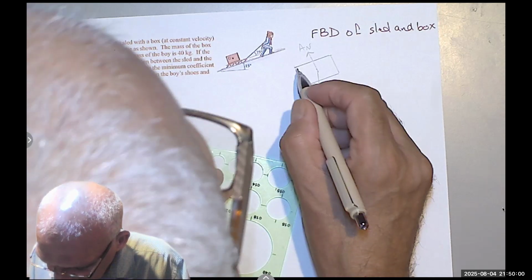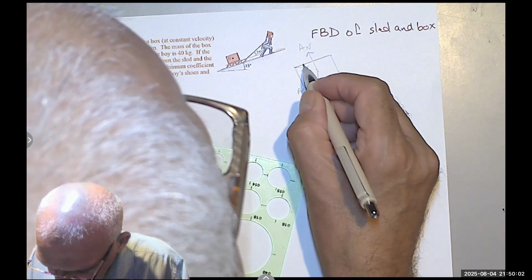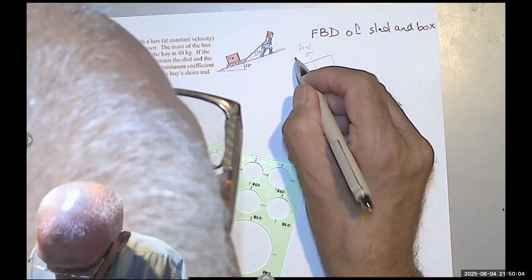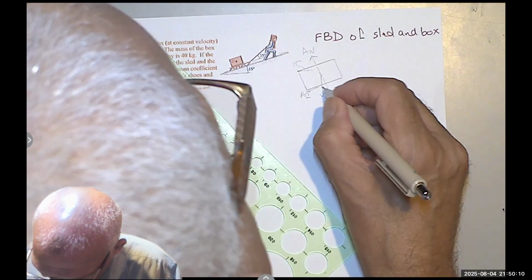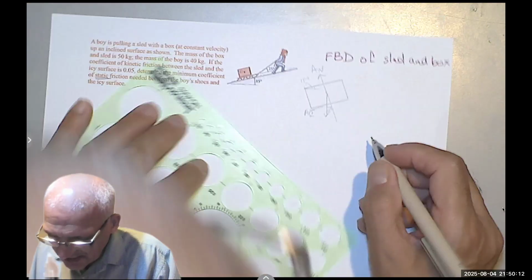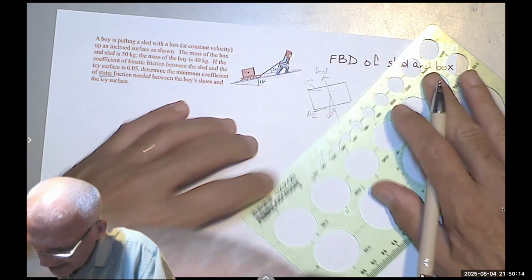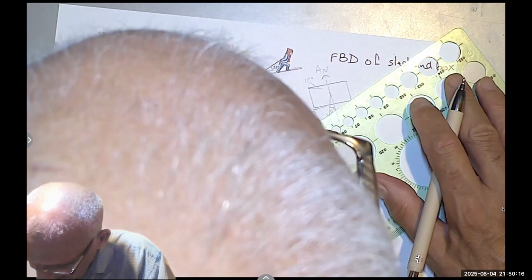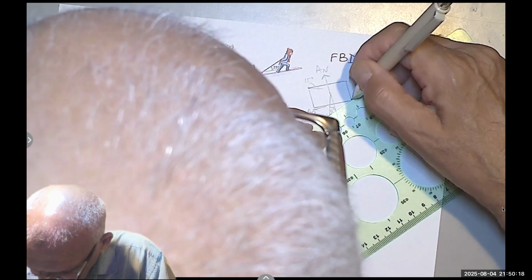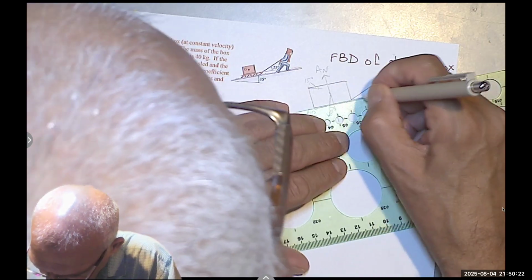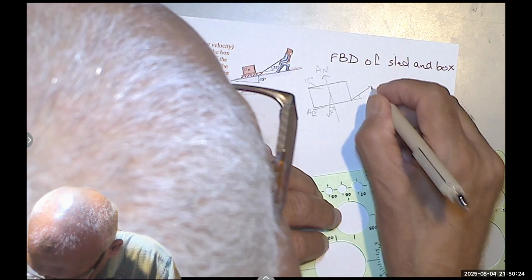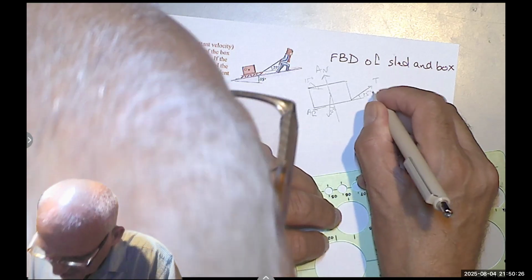This angle, we can draw it even here so it's not cumbersome: 15 degrees, which means the angle between the normal force and that is also 15 degrees. And finally, we have a cable that makes an angle of 25 degrees with the sled. So this angle right here, that's a tension, and that's 25 degrees.